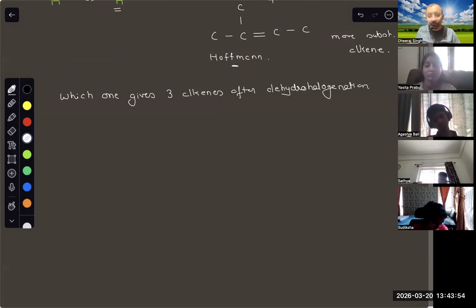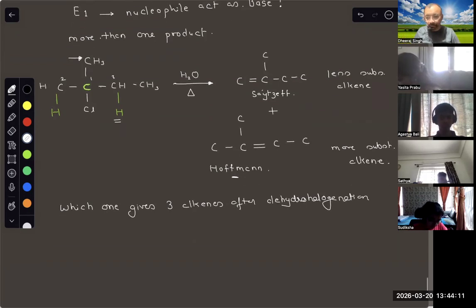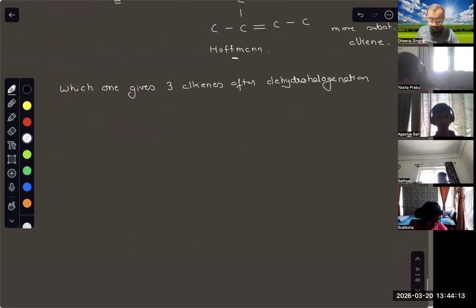What is dehydrohalogenation? This is what we did in E1. Hydrogen is removed, that is dehydrogenation. Halogen is removed, dehalogenation. So in dehydrohalogenation, hydrogen and halogen are both gone.